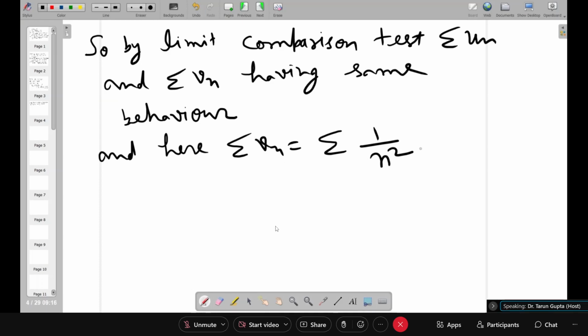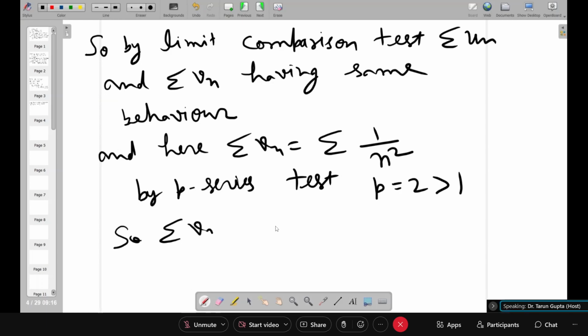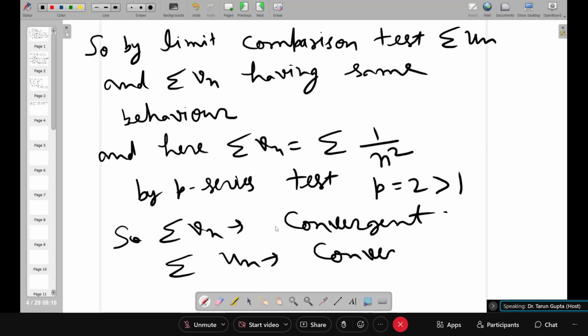Okay, so by p series test, here p value is 2 which is greater than 1, so summation vn is a convergent series, so summation un is also convergent. Okay, so in this way you can apply this test.